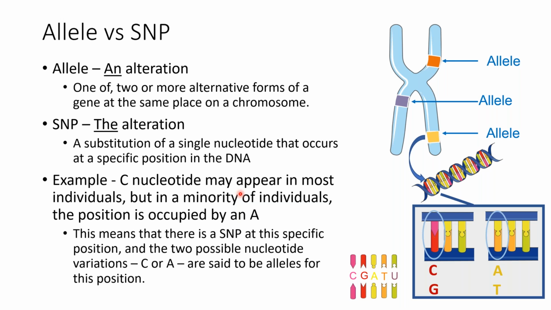If there is a change at that location, so instead of having a C, there might be an adenine and a thymine, just that one change of this nucleotide creates the SNP. So instead of having a CG in that codon, which is a set of 3 nucleotides, it's an AT at that location of the codon. So that would be the specific SNP.